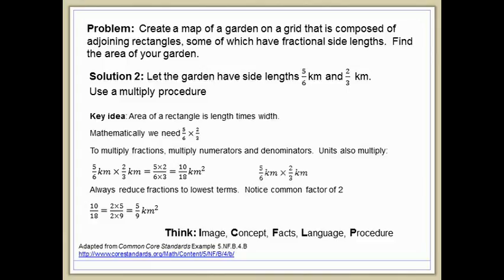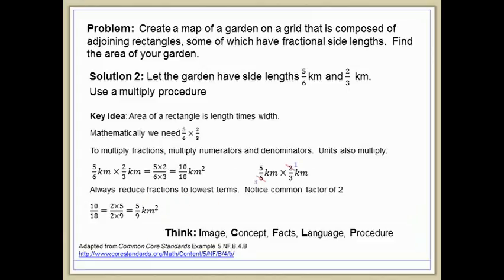So we start with 5/6 times 2/3, and the student needs to notice that there is a common factor of 2 here and here. And since we're going to be multiplying them anyway, it makes sense and is convenient to cancel that common factor of 2 before we multiply, so that we have smaller numbers and we don't have to reduce at the end, which we had to do here.